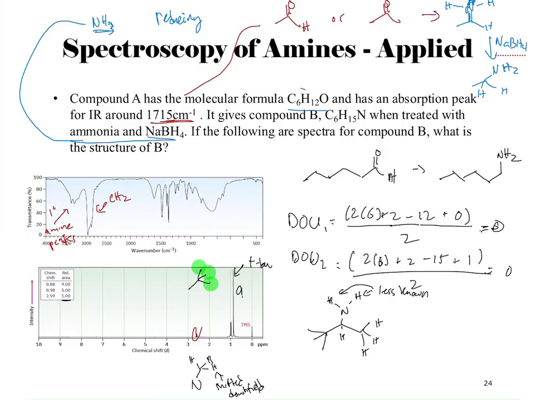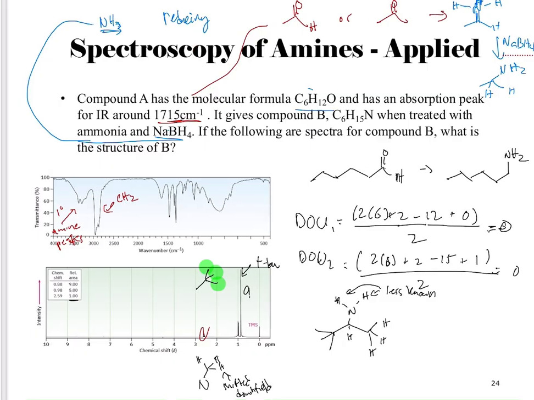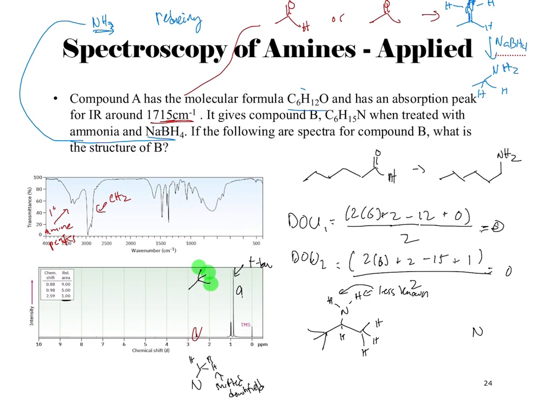So I believe that the structure, putting all this together, would be NH2, so this would be 1, 2, 3. It would be 1, 2, 2 trimethyl propanamine is what this structure would be.